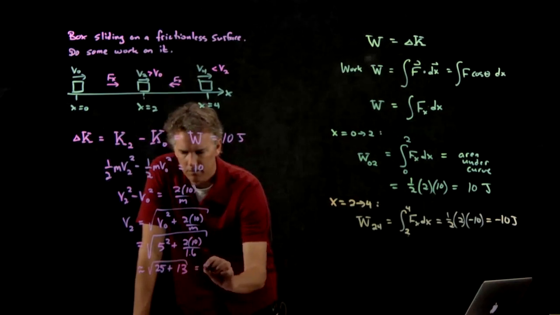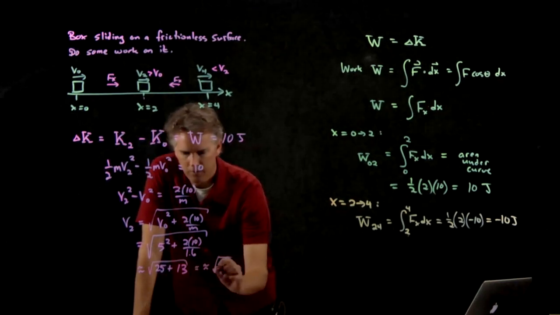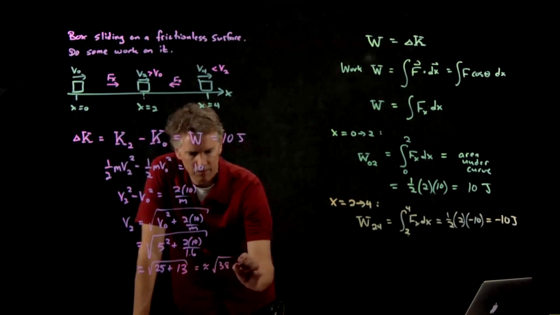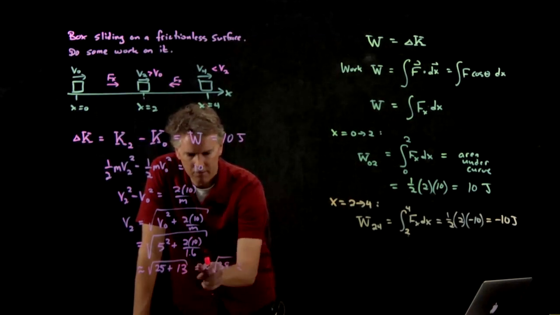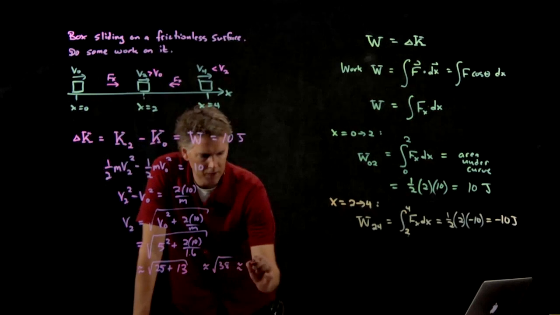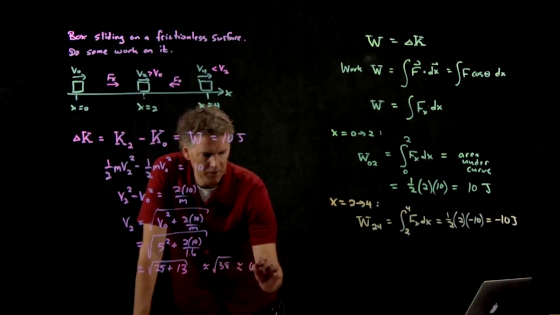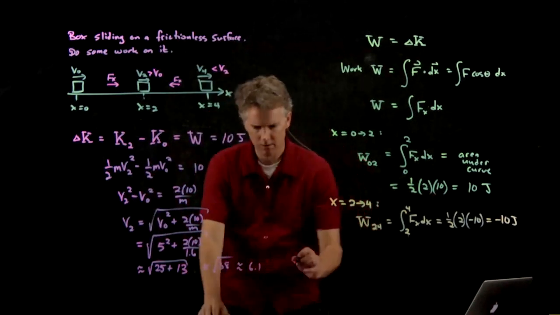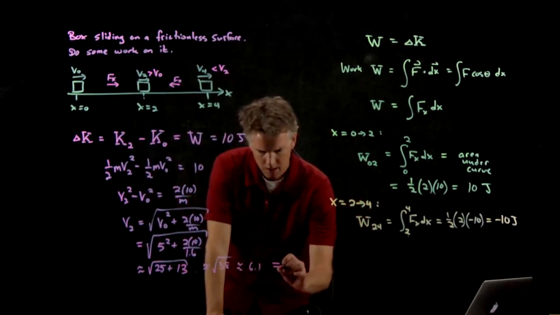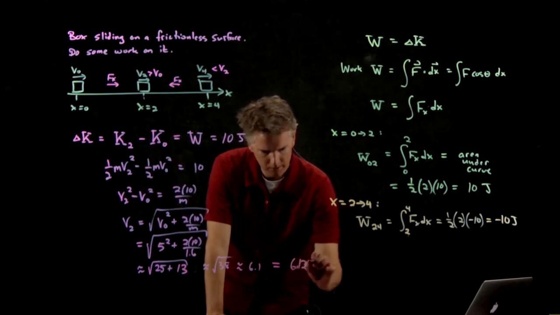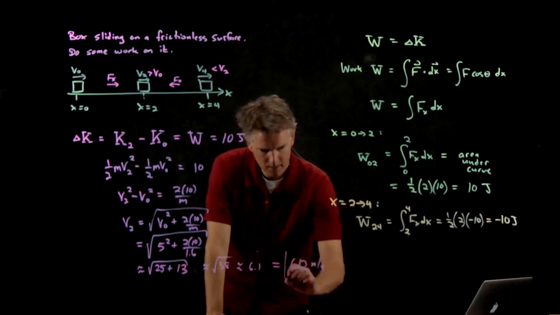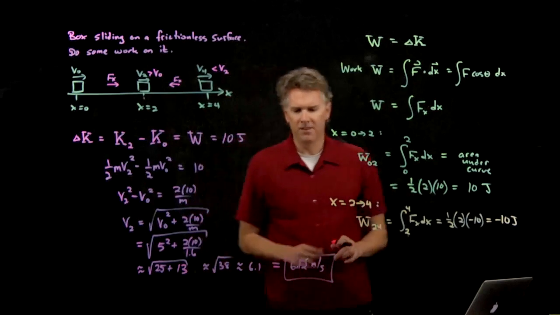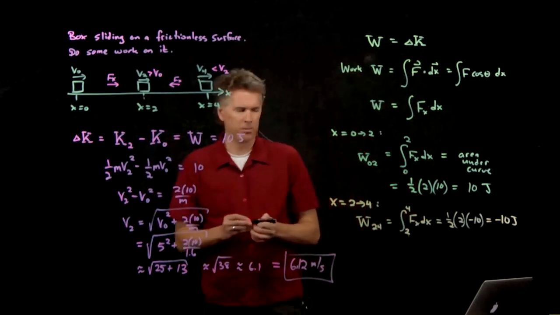So this is the square root of 38, which is pretty close to 6. So we'll say a little bit more than 6. I'm going to say 6.1. Anybody get a real answer for that one? 6 point what? 6.12. All right, so our guess was pretty good. 6.12 meters per second.